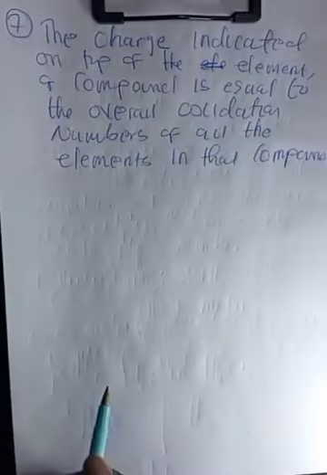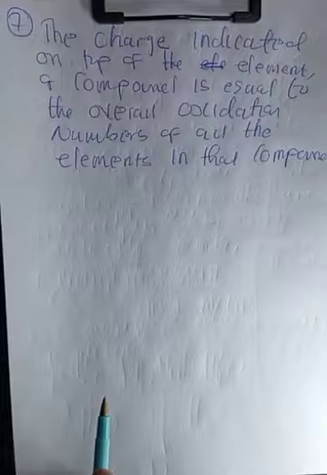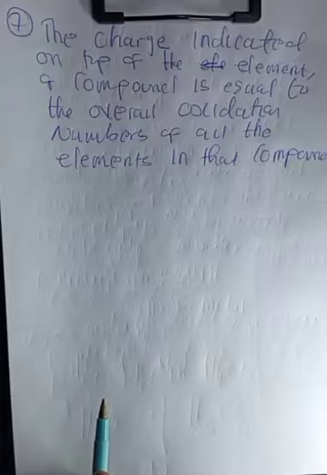So what I'm saying is that the charge indicated on top of the element or a compound is equal to the overall charge, or the overall oxidation number, of all the elements present in that compound.